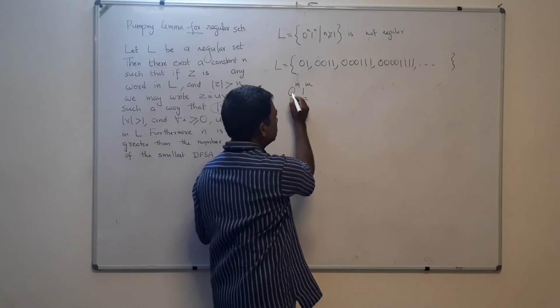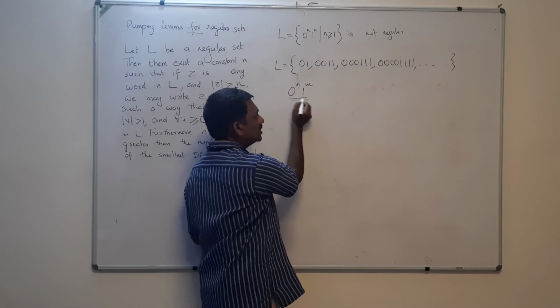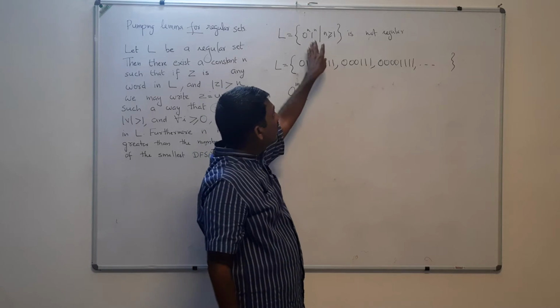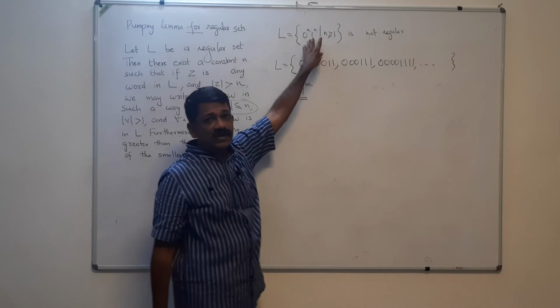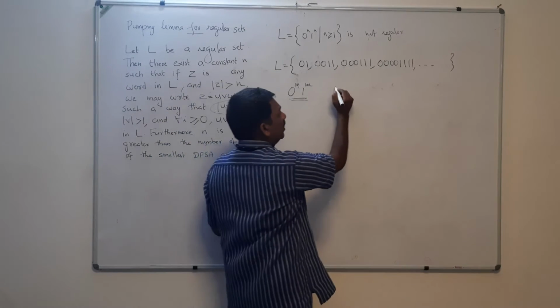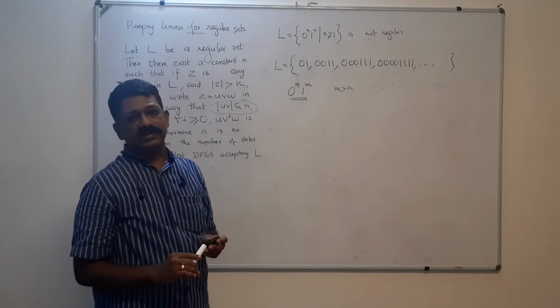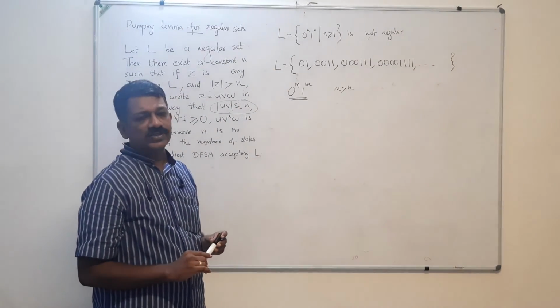If this is regular, it should accept 0 raised to m, 1 raised to m also, where m is greater than n, the number of states.